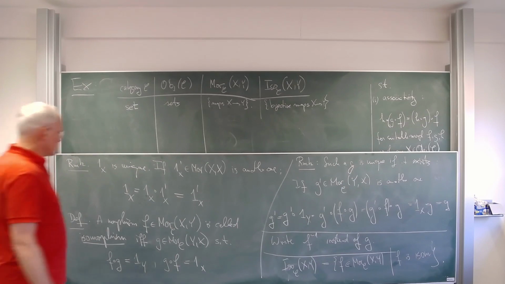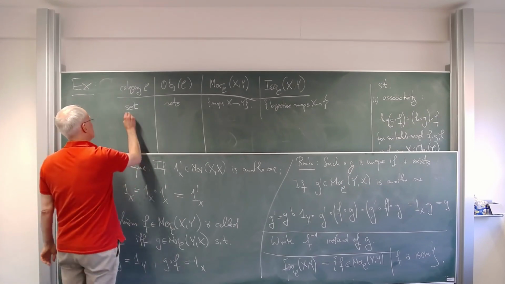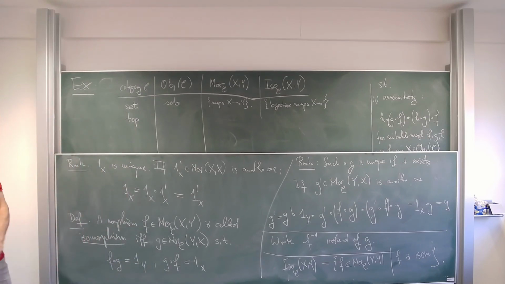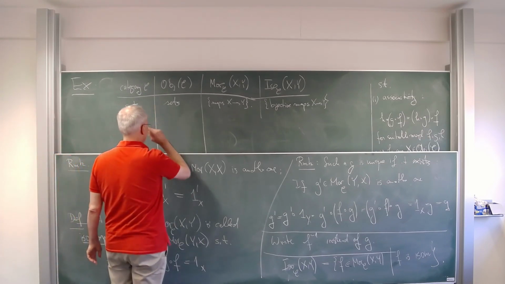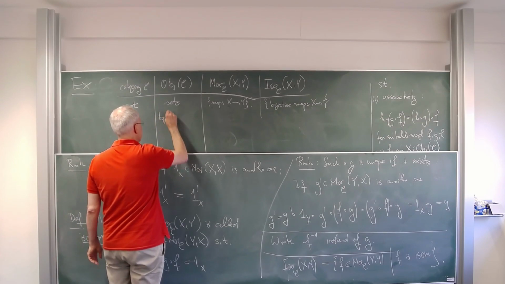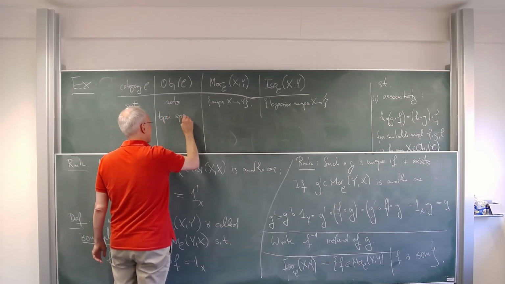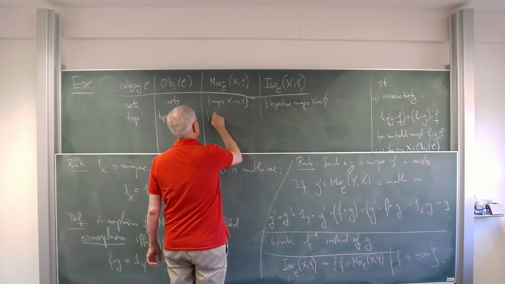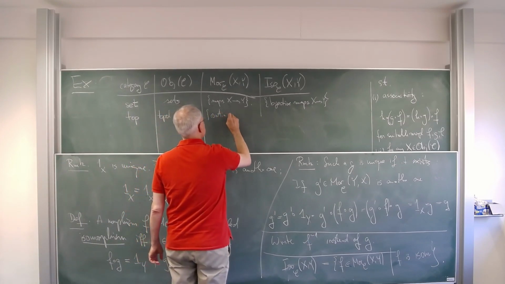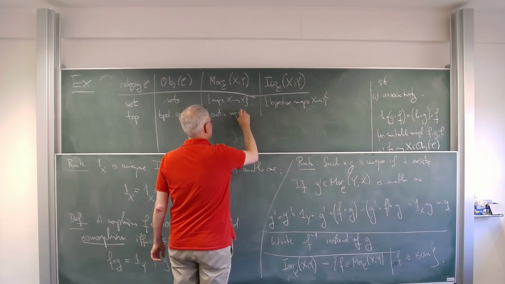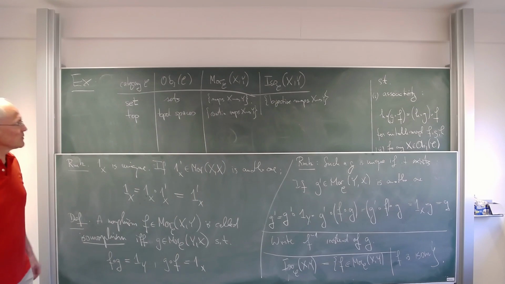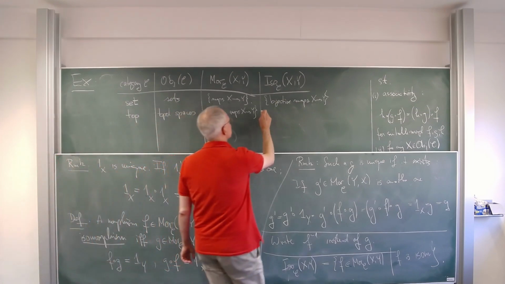And what else? Another example. Top, the topological category. In this case, the objects would be topological spaces, and the morphisms would be continuous maps. And what are the isomorphisms?